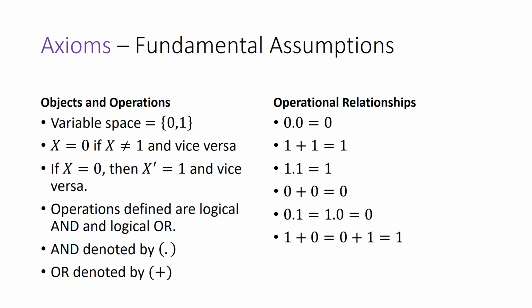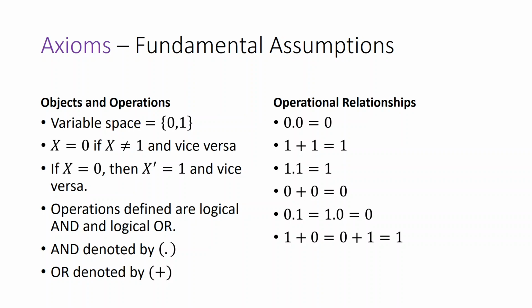As any algebraic system works, one has to define the objects in that algebraic system and the operators in that algebraic system. Along with the objects and operators, we have to assume some fundamental things. These are called fundamental assumptions.